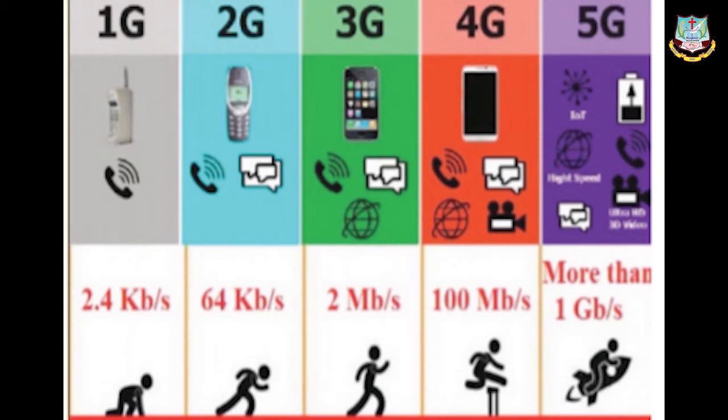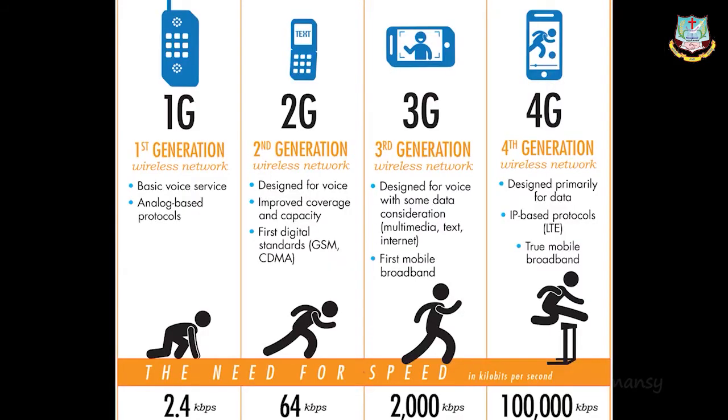GSM is a popular standard used in this second generation. Here they used 900 megahertz and 1800 megahertz for the frequency bands, right? And GSM introduced digital transmission using a SIM, right?